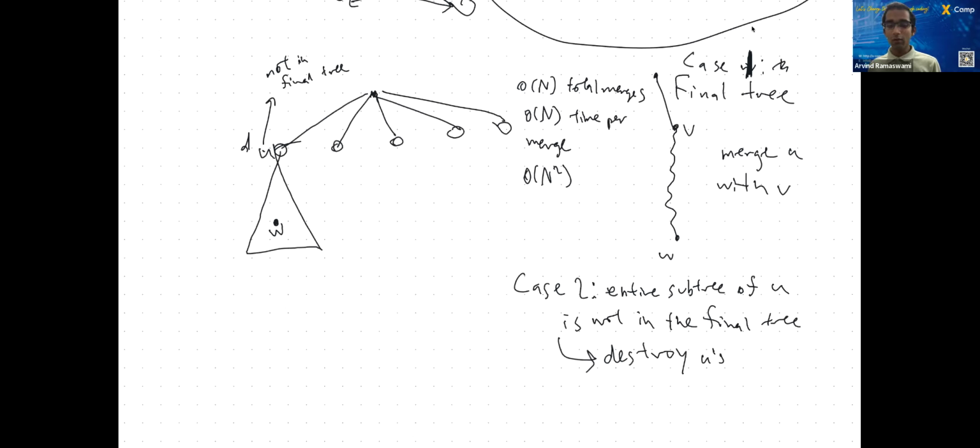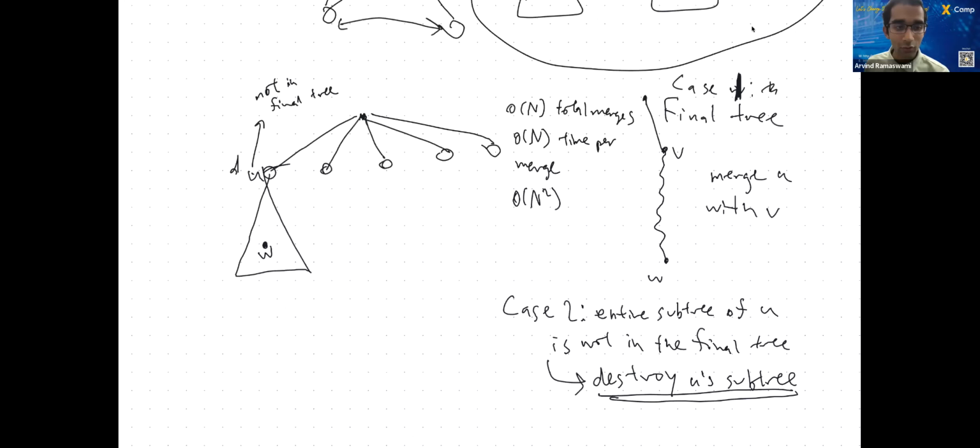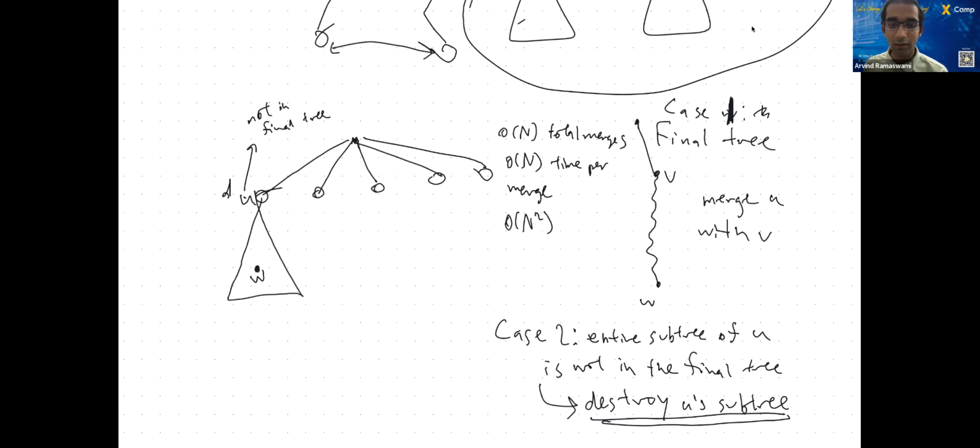And this turns out to be the most tricky part of the problem. So case one is easy. If U has a descendant W that's in the final tree, and W's ancestor is V, then we merge U with V. Otherwise, we have to destroy U's subtree. This part ends up being tricky.